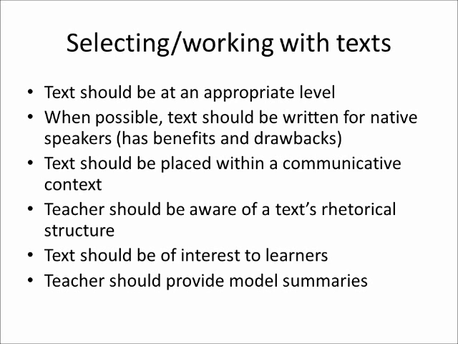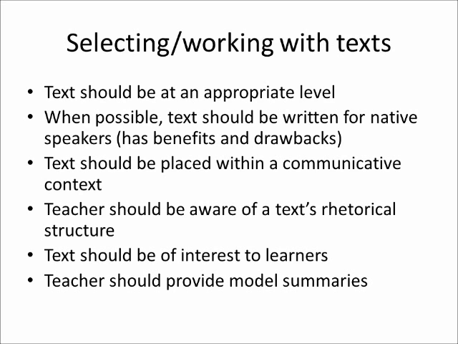So when we are choosing a text which students are going to summarize, we should follow these criteria. We want the text to be at an appropriate level, obviously, I+1. We want them to be able to understand it without too much difficulty, but also for it to be a little bit above their current level, just a tad.